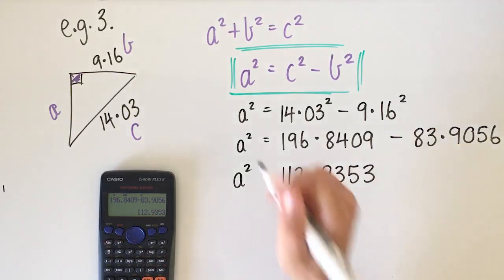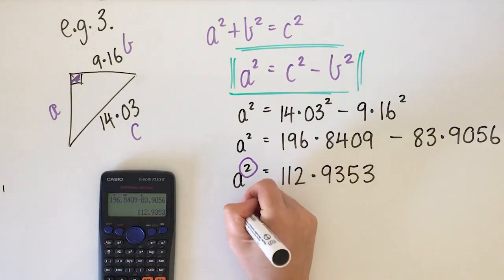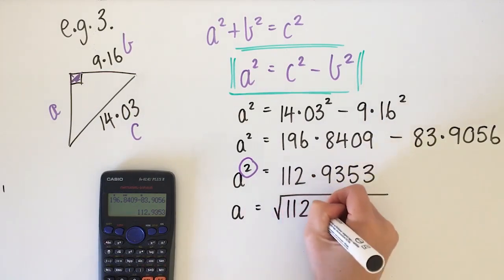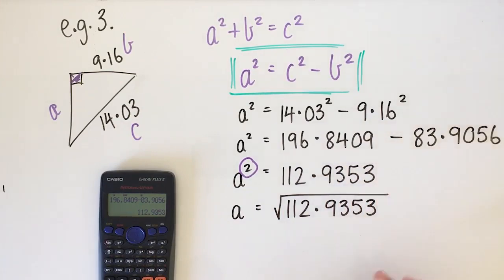We're not done yet. We need to get rid of this squared. In order to get rid of that squared, we need to do the square root of this number. So the square root of 112.9353. I can just type answer here on my calculator and it'll use the previous answer.